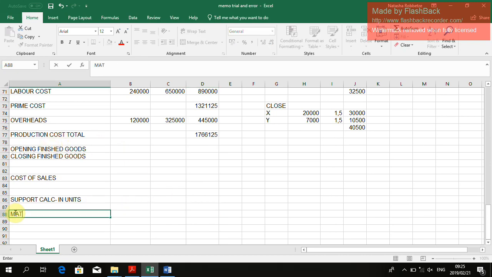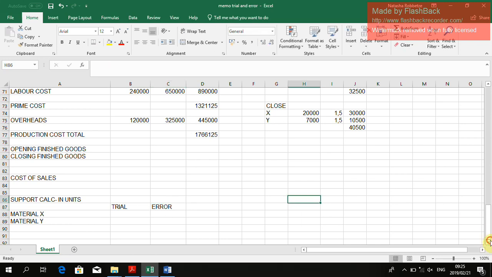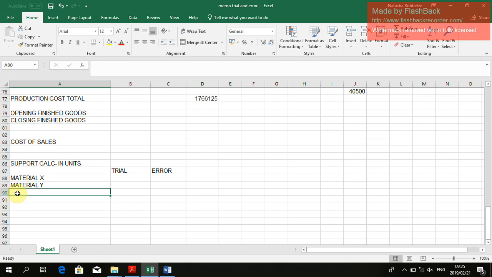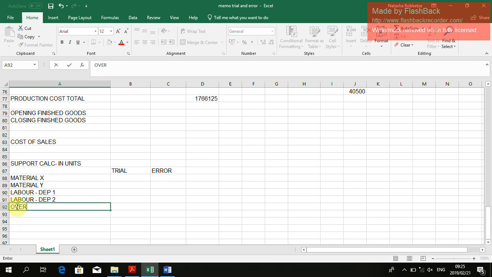So we have material X, we have material Y, and we need to just make sure we have the columns trial and error. Then we have some labor, but we have labor in department 1 and we have labor in department number 2, and then we have our overheads.